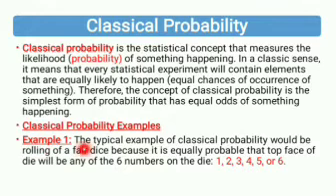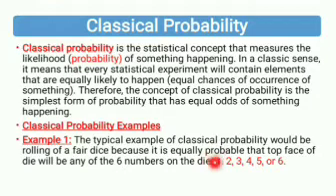Example 1. A typical example of a classical probability is the rolling of a fair die, because it is equally probable that the top face of the die will be any of the 6 numbers on the die.